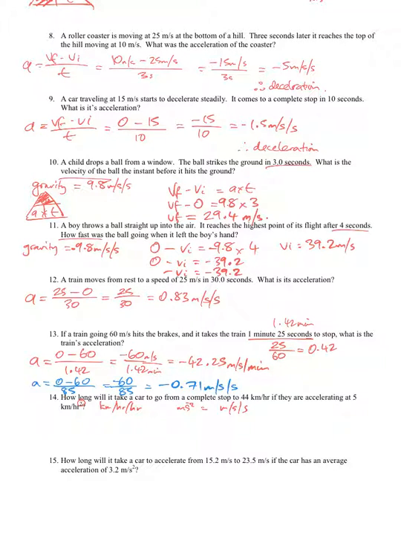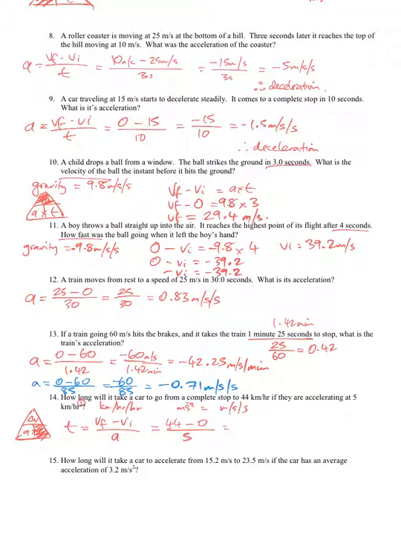So we know the acceleration, so use the little triangle. Acceleration times time gives change in velocity. How long? So we're looking for the time. So time is going to be Vf minus Vi on the acceleration. It started off at a stop, it got to 44 kilometers an hour. Take 0, which was the initial speed, over 5 kilometers an hour per hour.